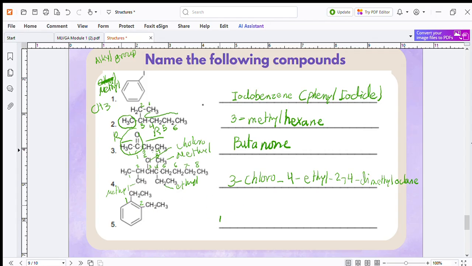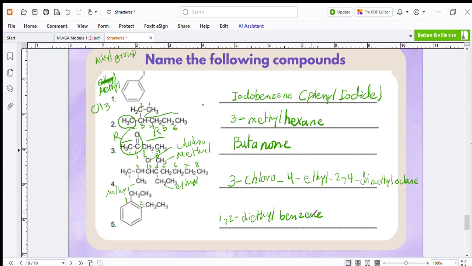So sabihin natin 1,2-diethyl. Then after diethyl, sabihin natin diethylbenzene, kasi yung mother chain is benzene.